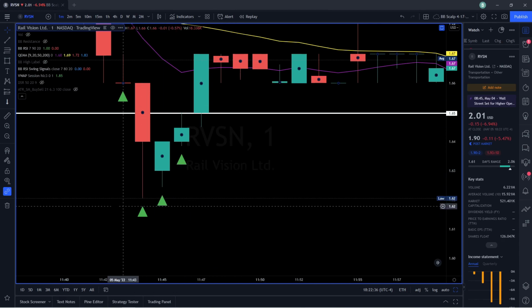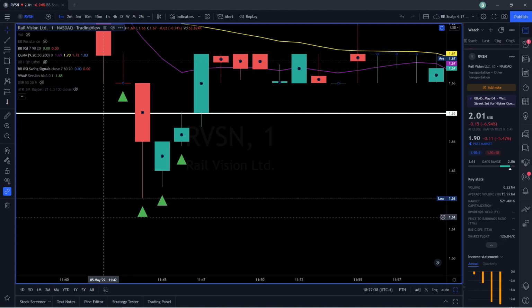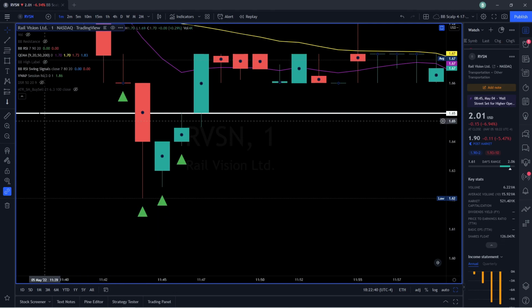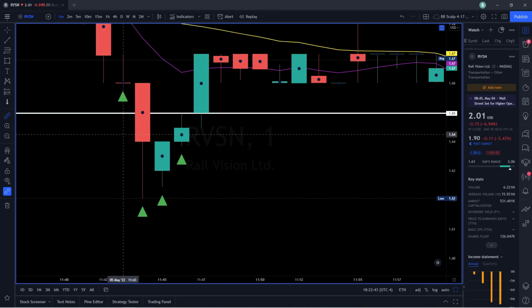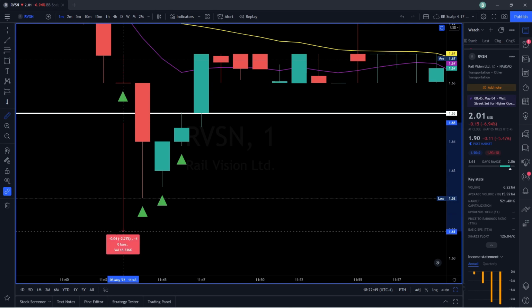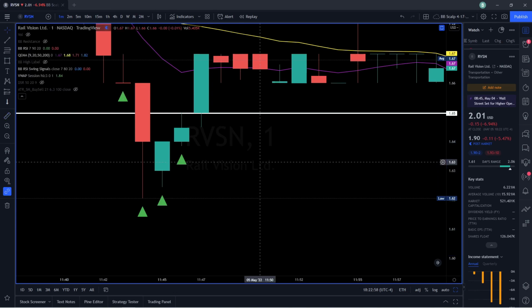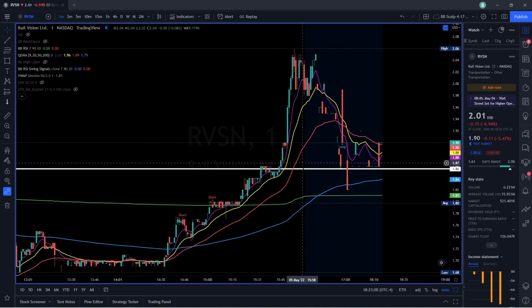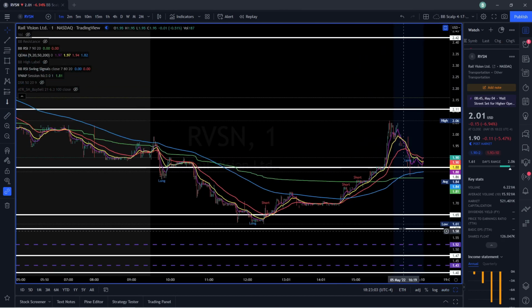So if we put our stop down here at 160 exactly, and we entered right there at this break, 165, then we're looking at again, this is only a 2%, 3% stop loss. We're risking 3% there to then possibly make a return.